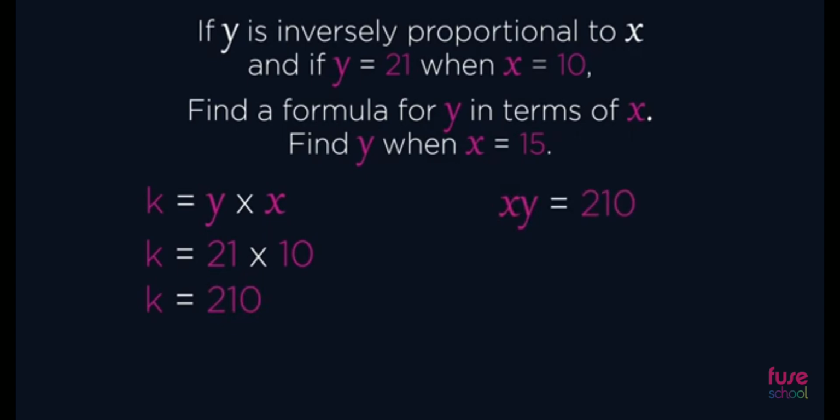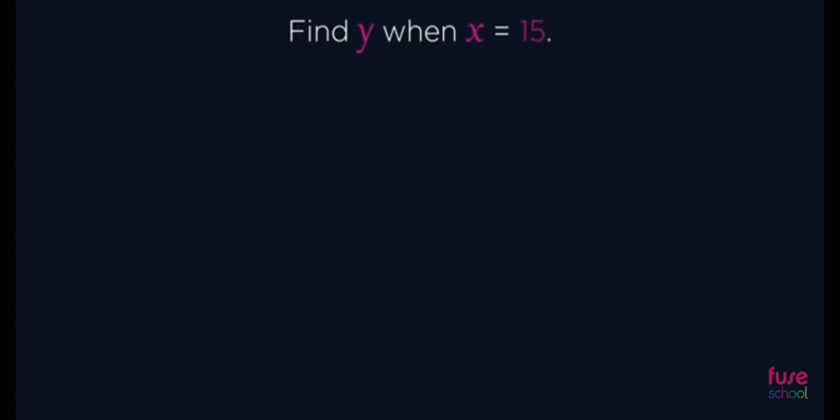To put this equation in terms of y, we rearrange, dividing through by x, to give us y equals 210 over x. To find the value of y when x equals 15, we can substitute the value for x into the equation, meaning y is equal to 210 divided by 15. This means the value for y is 14.